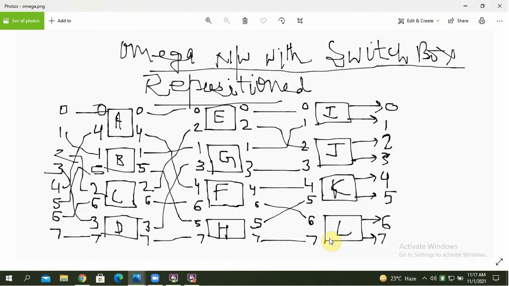This is the omega network with switch box repositioning. Here we have done the repositioning of the switch boxes. It was E, F, G, H, and here it has been made E, G, F, H. The rest is as it is, 0 to 7, 0, 4, 1, 5, 2, 6, 3, 7. Here 0, 2, 1, 3, 4, 6, 5, 7.